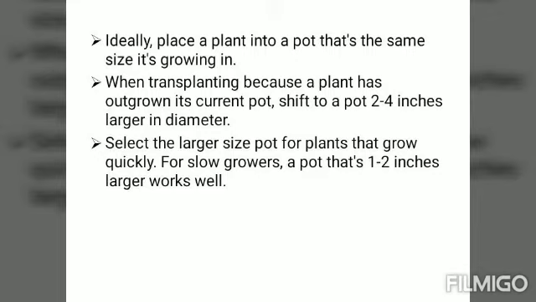Okay, 1 to 2 inch larger. These 2 points you have to really remember, because it really helps the plant to grow nicely. These 2 points you have to really keep in mind.